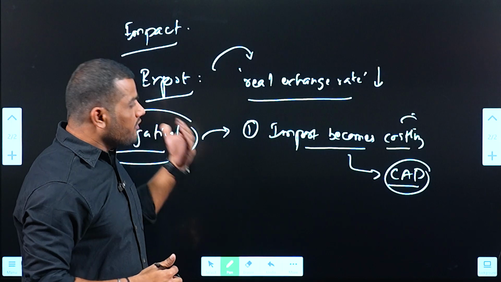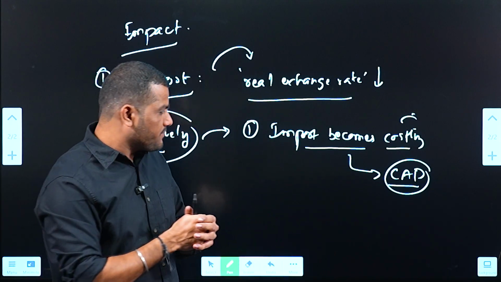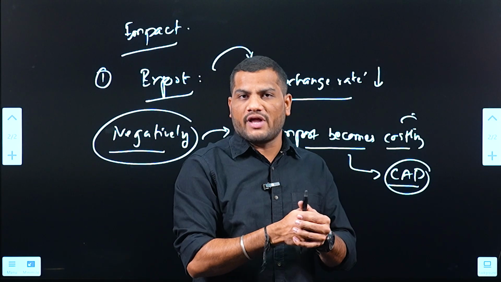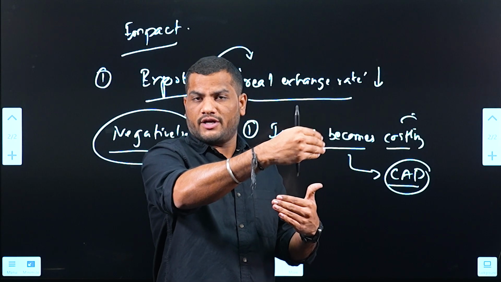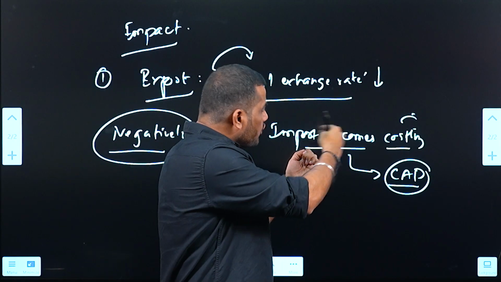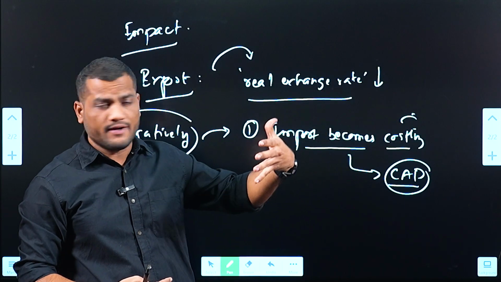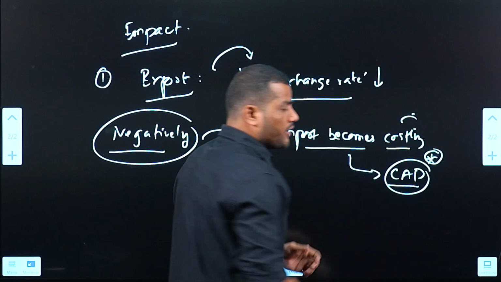We already saw that crude oil prices in the international market have increased, right? Because of this, whenever we want to import crude oil from the international market, we have to pay more rupees. Imports of other products also become costly, right? We have to import other products too. Because of this situation, we experience a current account deficit.